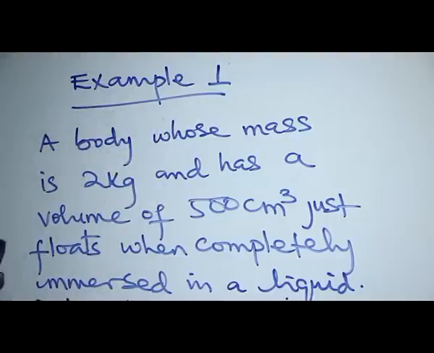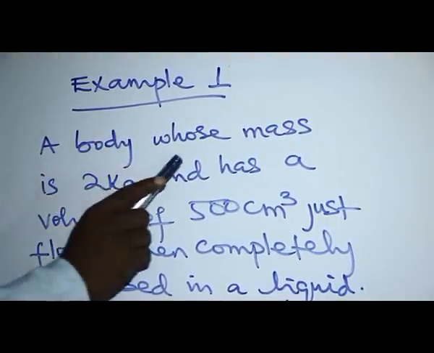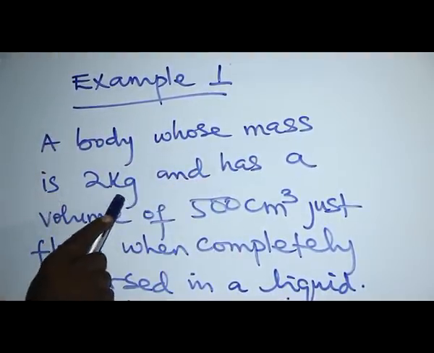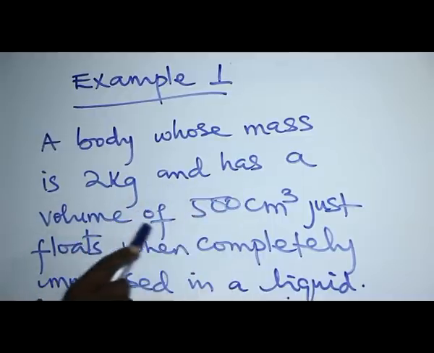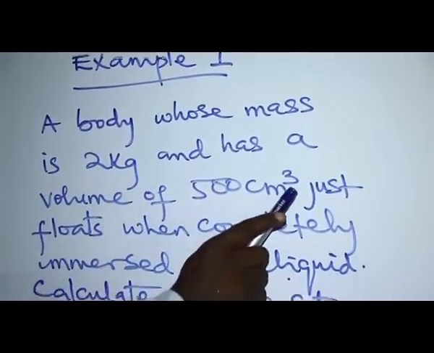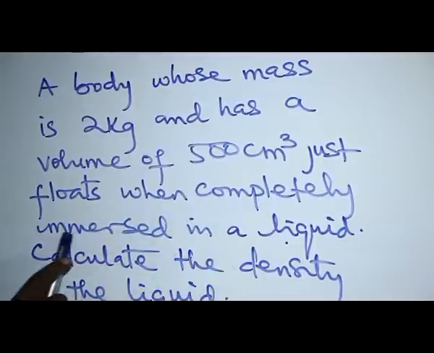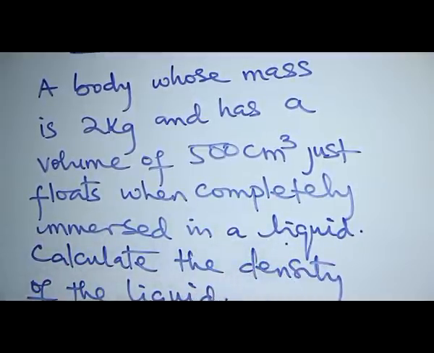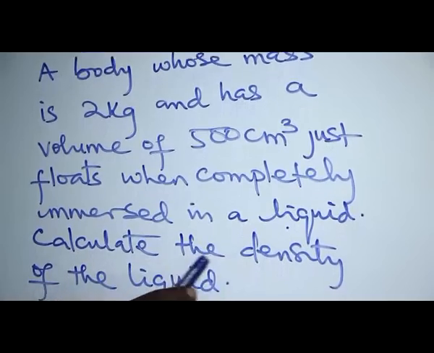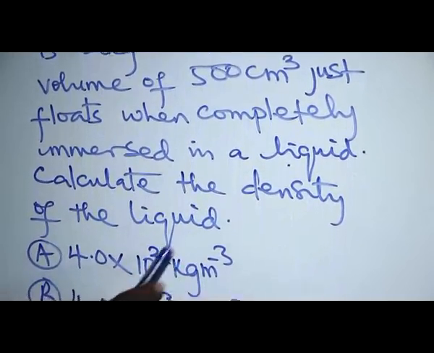Example 1. A body whose mass is 2 kg and has a volume of 500 centimeter cube just floats when completely immersed in a liquid. Calculate the density of the liquid.